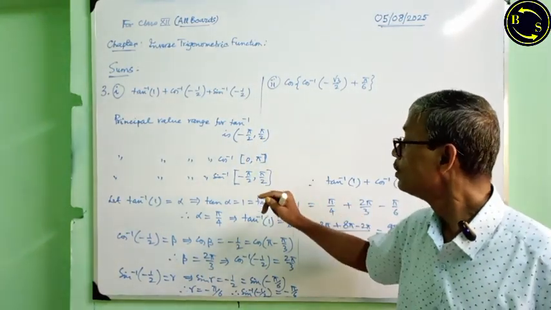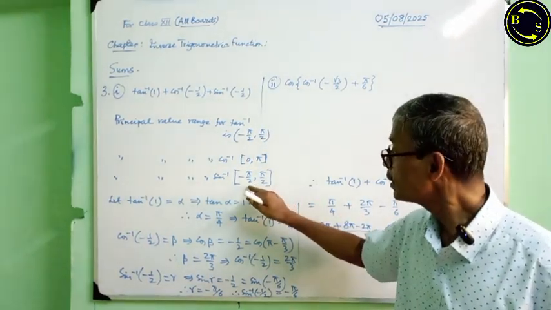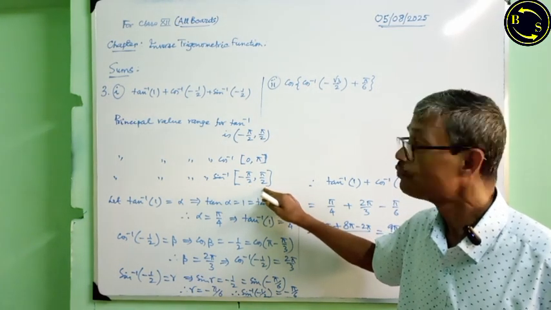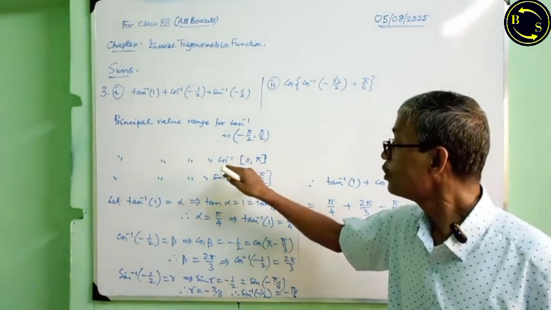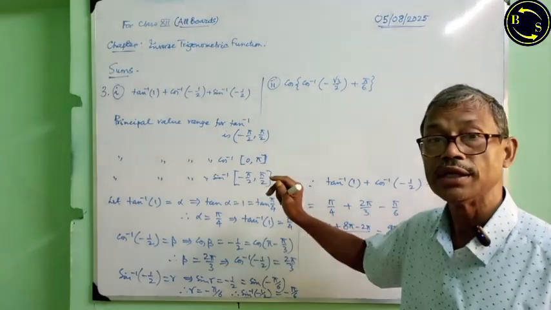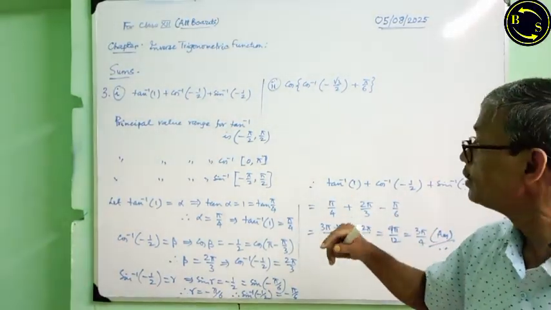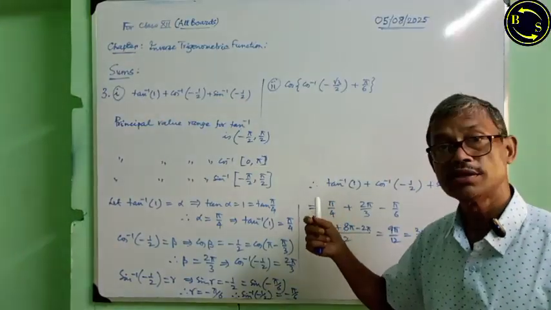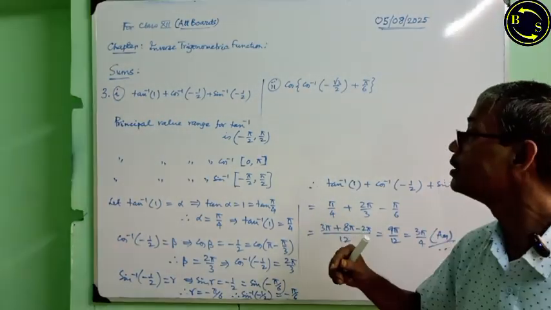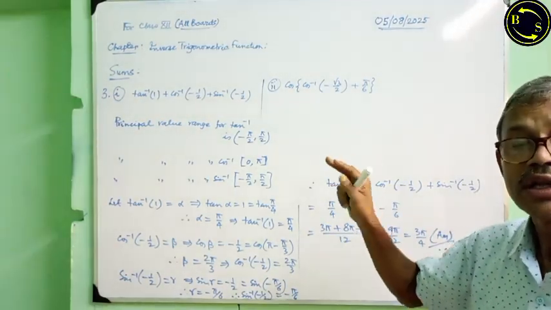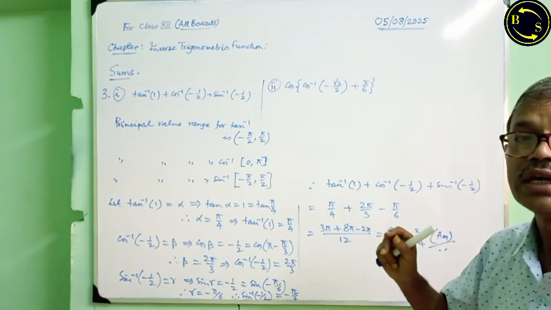In case of sine, closed interval, minus pi by 2 to pi by 2. In case of cos inverse, 0 to pi. Similarly, for other inverses, cosec inverse, sec inverse, cot inverse, you remember in that way, then it will be easier.